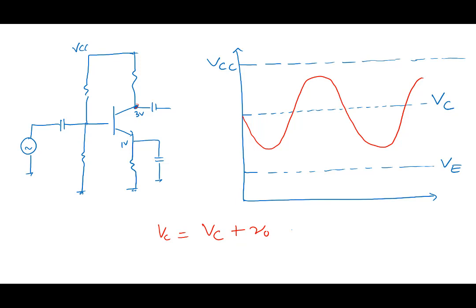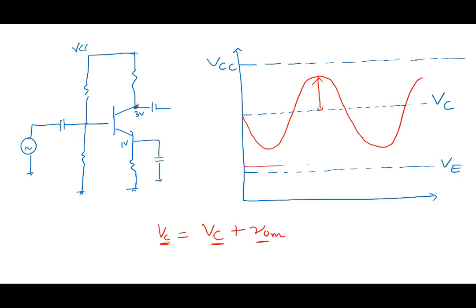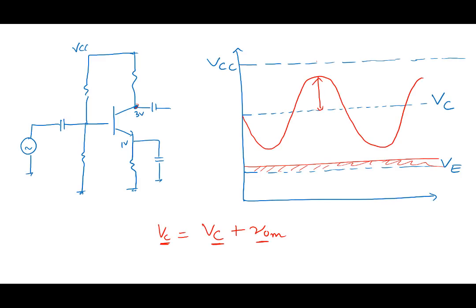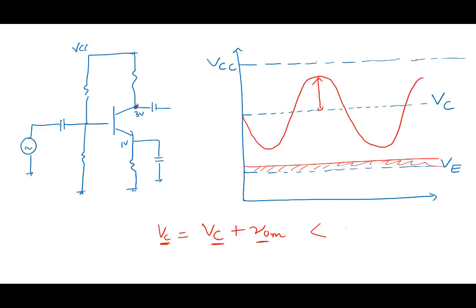Now are you seeing that VC is the DC value plus the output, whatever is the maximum value here? We are calling this V0M. How high do you think V0M can be? Earlier we were focusing on the transistor going into saturation. But let's look at the other side. Don't you see that VC plus V0M has to be less than VCC?